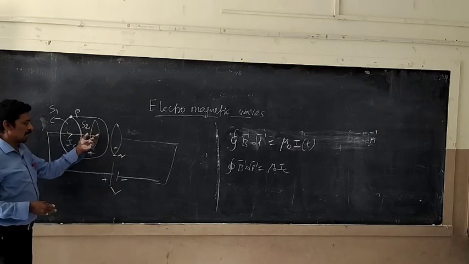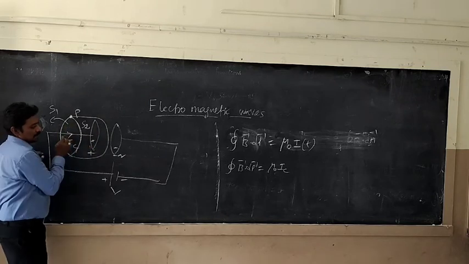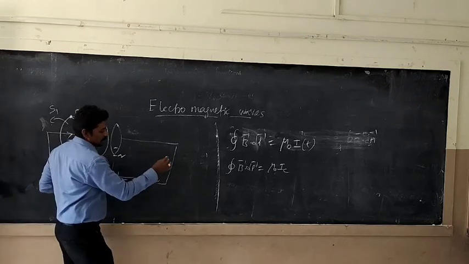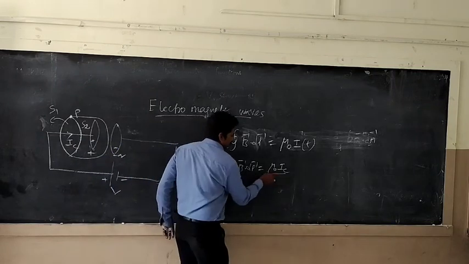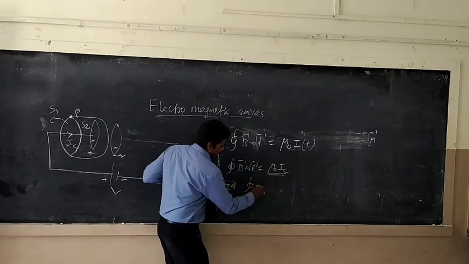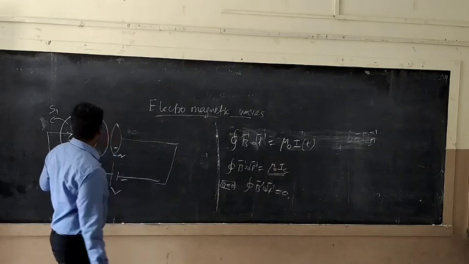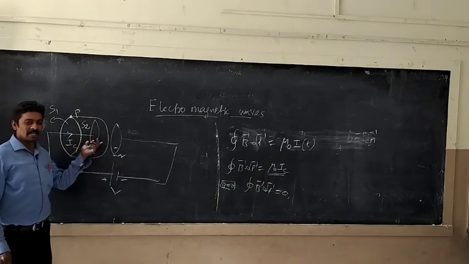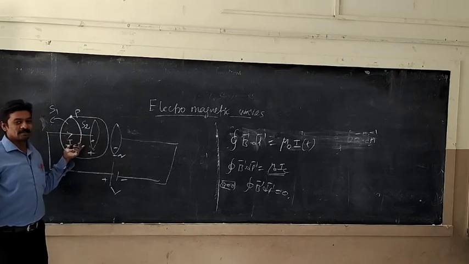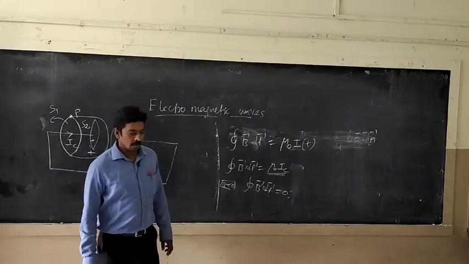So there is no current flowing through the S2 surface. So the magnetic field will be 0. That means the right hand side of this equation will be 0, that is, closed integral B vector · dl vector is equal to 0, because the S2 surface does not accept the flowing current IC.